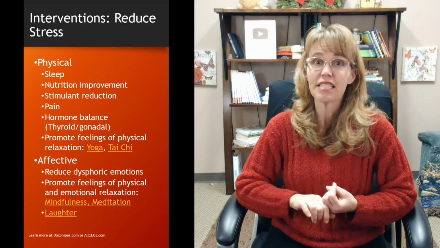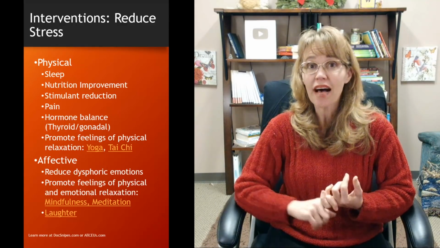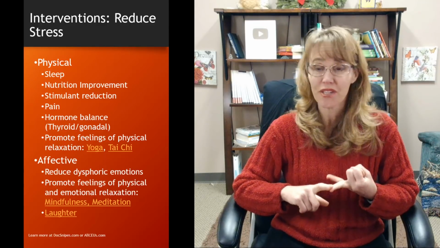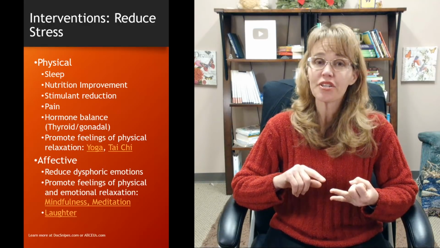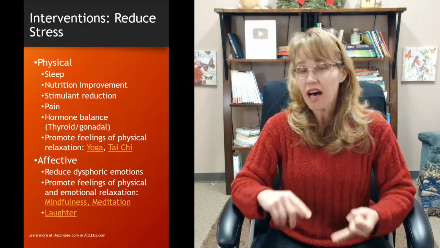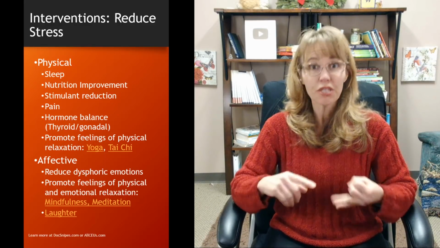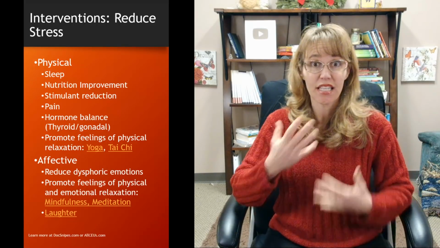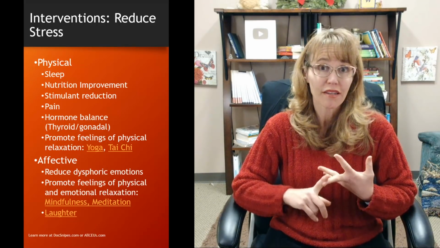Nutritional improvement is important to help clear out oxidative stress, so eating those colorful foods, fruits and veggies, and making sure to get enough good cholesterol is important in modulating the system, as well as water.